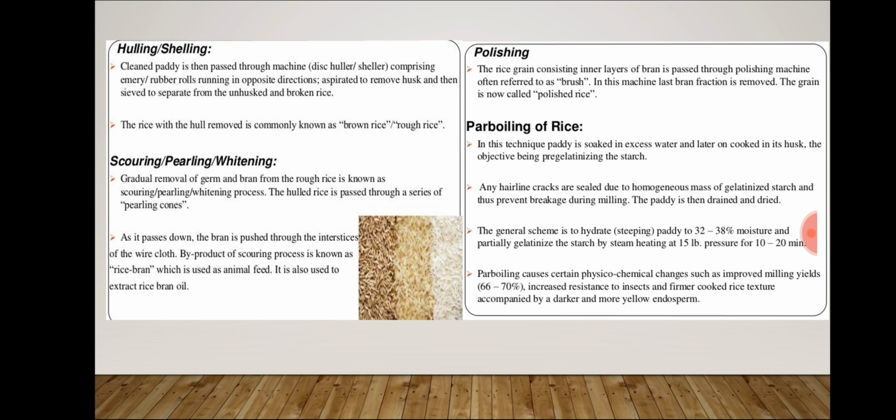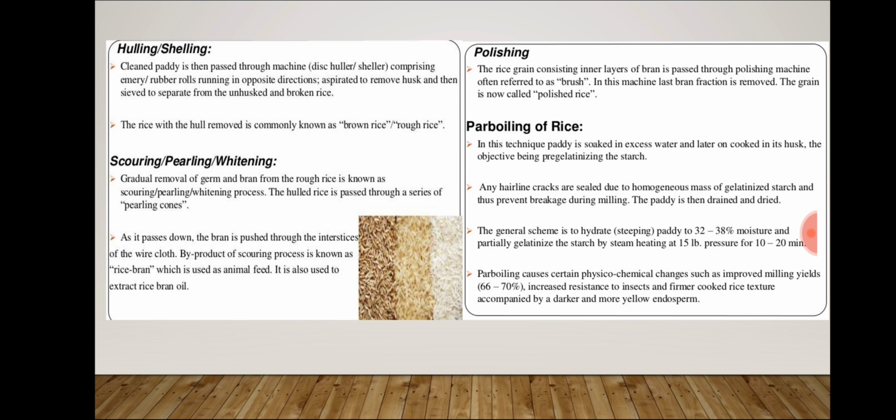Pearling, whitening and scoring. Gradual removal of the germ and bran from the rough rice is known as pearling, whitening or scoring. The hulled rice is passed through a series of pearling cones. As it passes down, the bran is pushed through the interstices of the wire cloth.